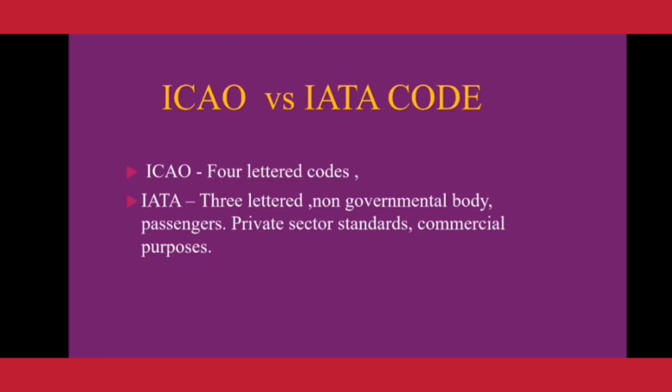They are used by pilots and air traffic control for issuance of meteorology and NOTAMs and also filing of the flight plan. While IATA codes are three-lettered codes, governed by a non-governmental body, as we have said, the International Air Transport Association, and the codes are used to depict the destination and departure points for passengers. These are private sector standards, which are only to be used for commercial purposes.